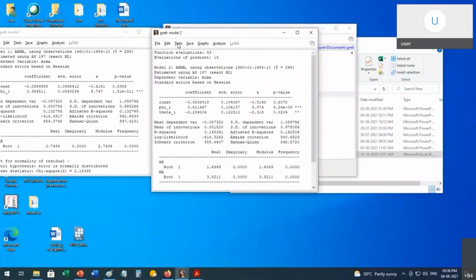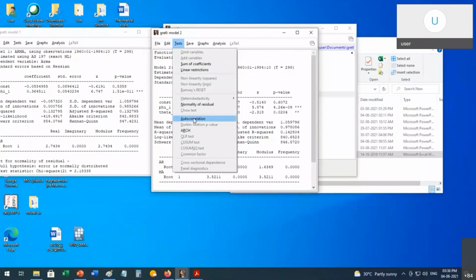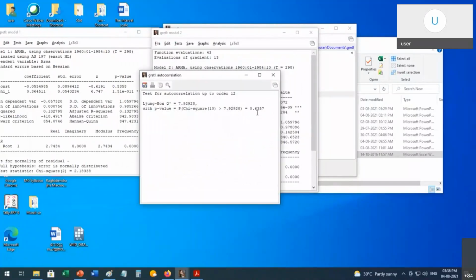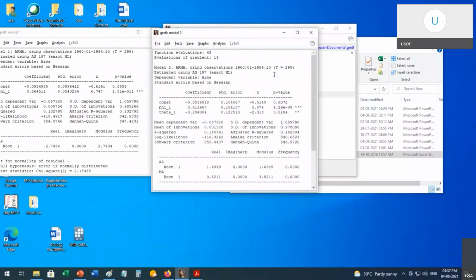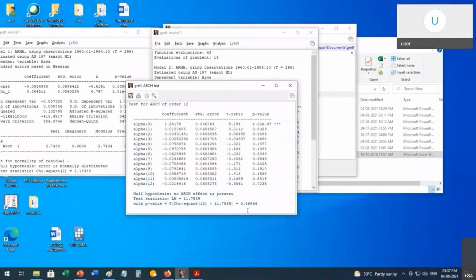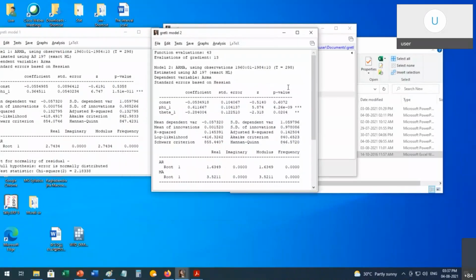Then again we go to the test and autocorrelation, lag 12. The p-value is 0.635 or 0.636, so greater than 5%, there is no problem of autocorrelation. Go to the test, ARCH, 12 lag. And here also the p-value is greater than 5%. That means this model also is adequate.